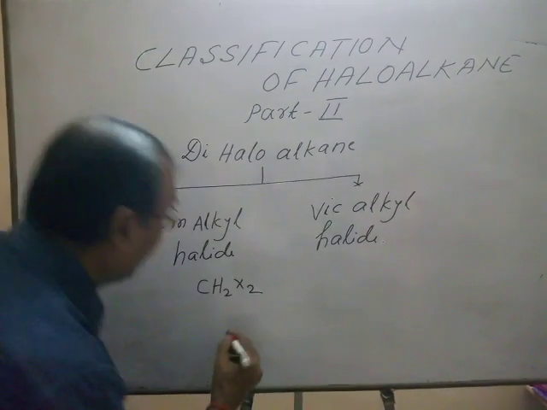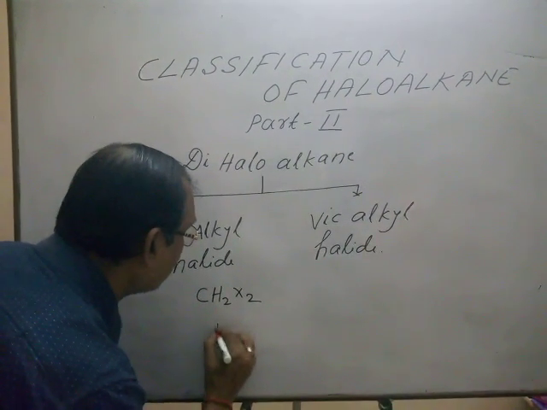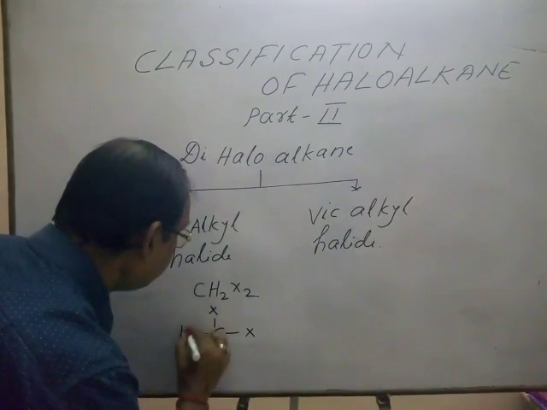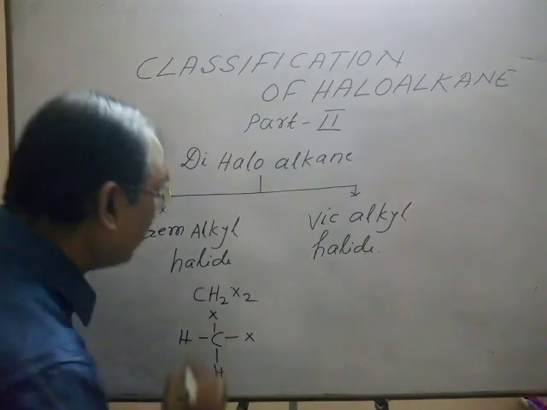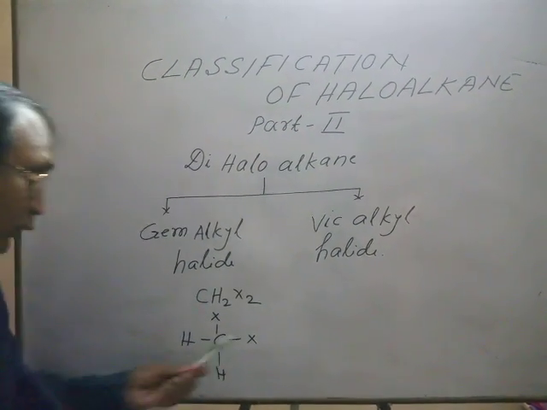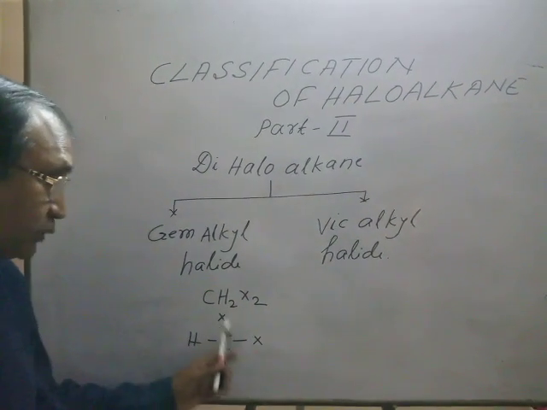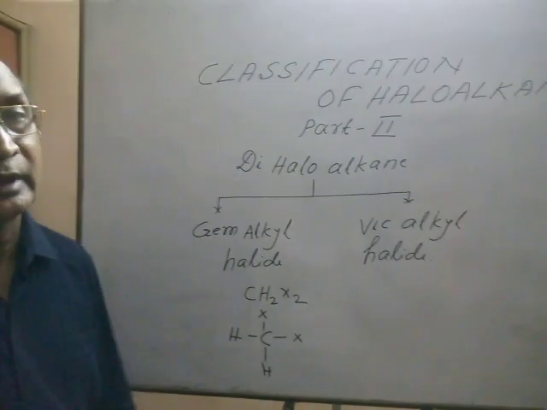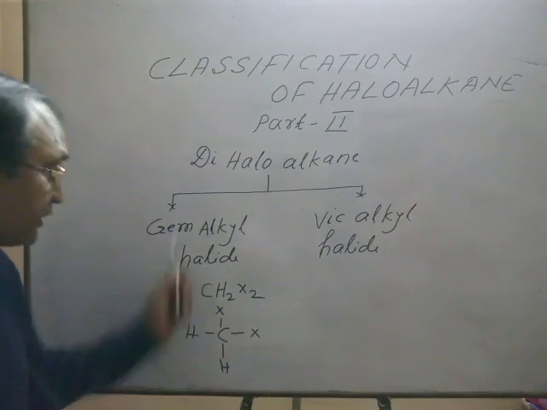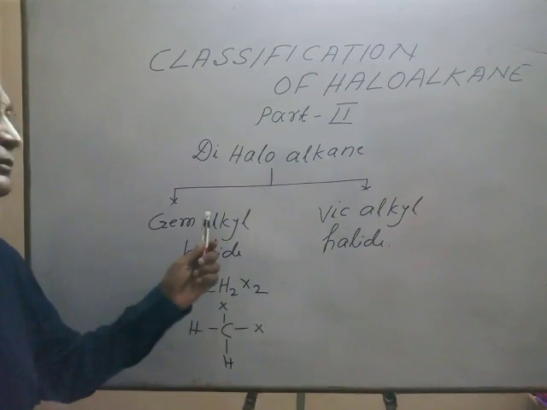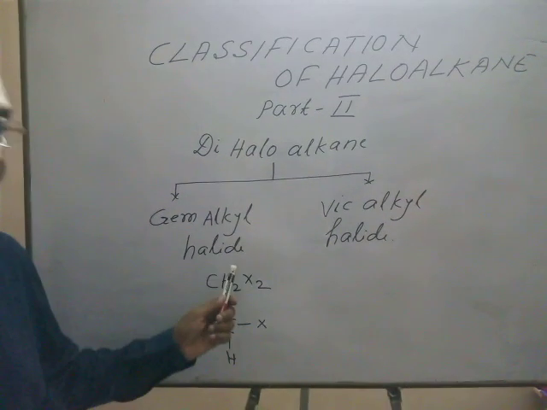Both these halogens join in the same carbon, and this type of alkyl halide is known as GEM dihalide.